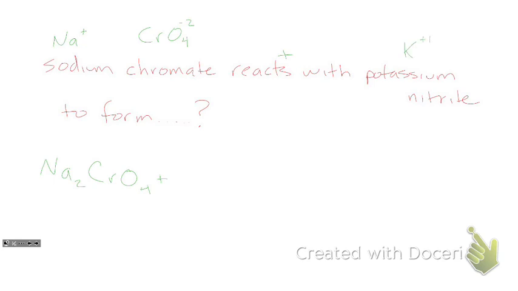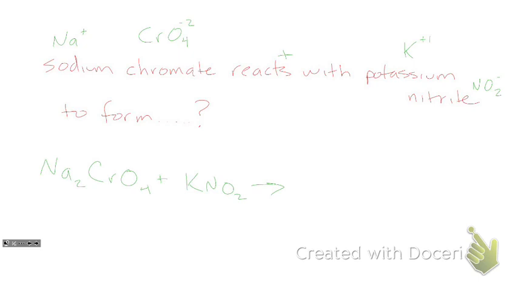And nitrite is a polyatomic ion as well, and I see it on there, it's NO2 minus. So if potassium has a charge of +1 and nitrite has a charge of -1, those will have a net charge of 0. So KNO2. Okay, and the arrow reads 'forms.'